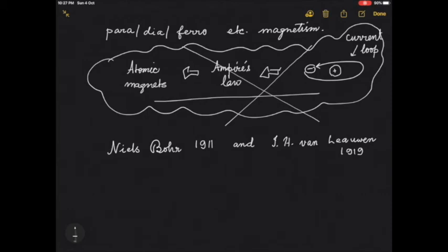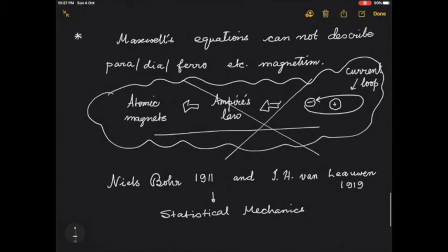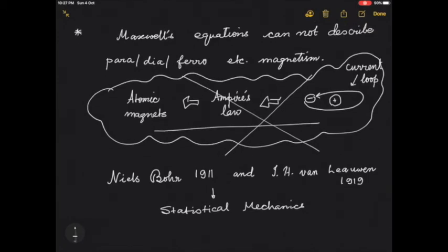Why is that? Because it's a problem of statistical mechanics. You may have one atom giving rise to some type of atomic magnet, though this entire consideration of current carrying loop itself doesn't work once you consider the quantum model of the atom.